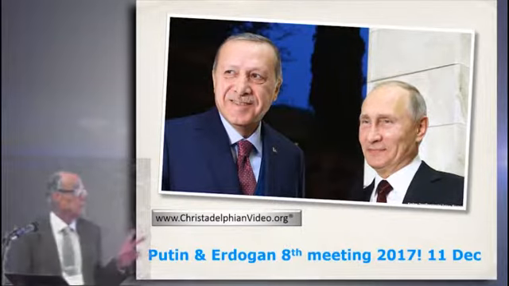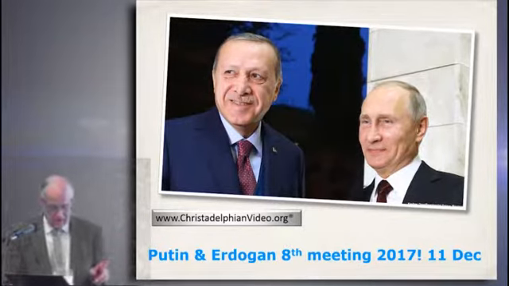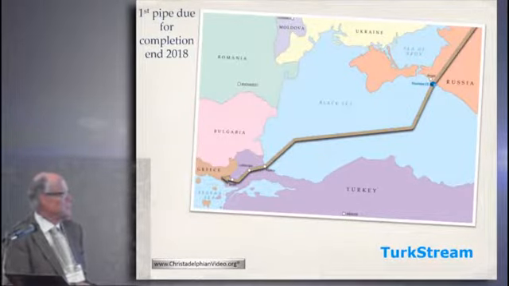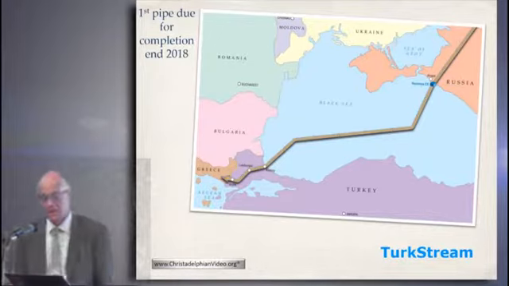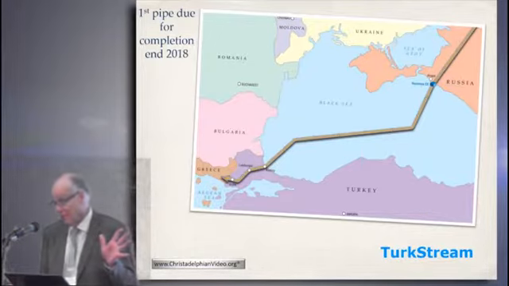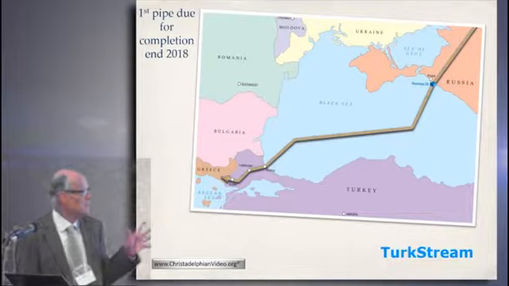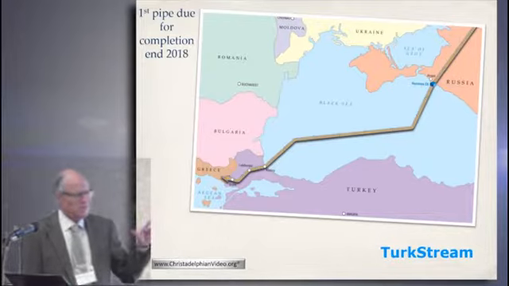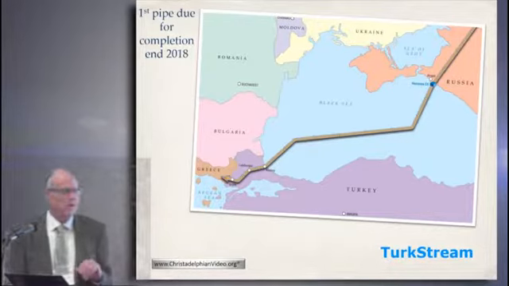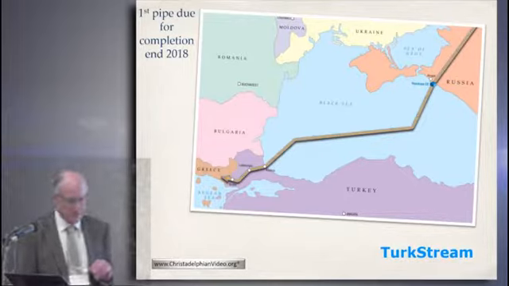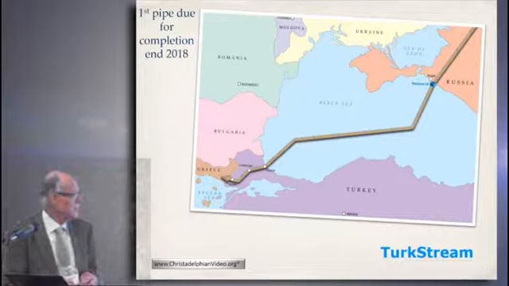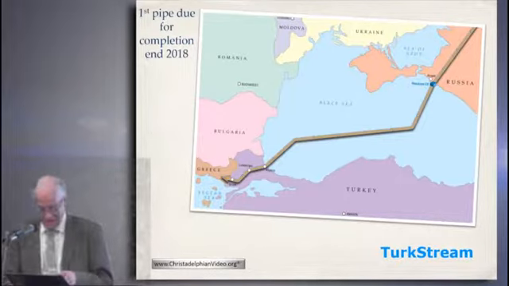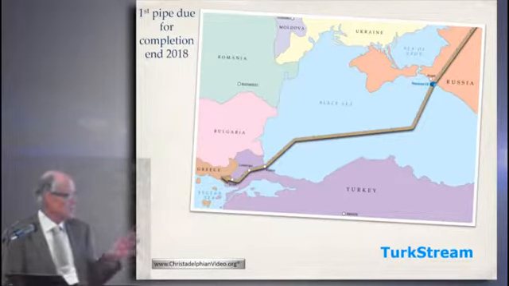And this TurkStream, we remember that originally this pipeline was going to go straight into Bulgaria and up into the EU, taking Russian gas into the EU. But because of all the problems which the EU made about the difficulties of having a dependence upon Russian gas, Putin suddenly decided, well, he'd had enough of the EU, I'll send my gas to Turkey, and hence the strange little kink, which then takes it down into Turkey.